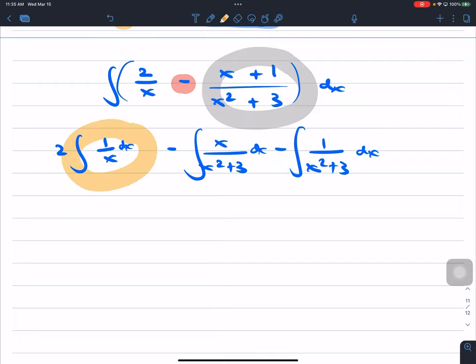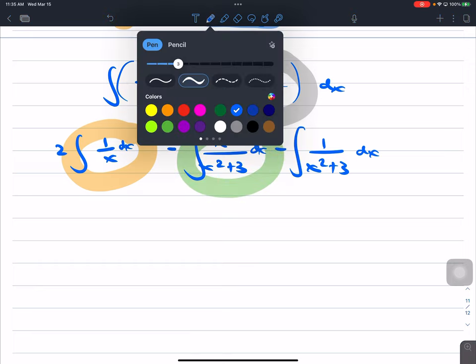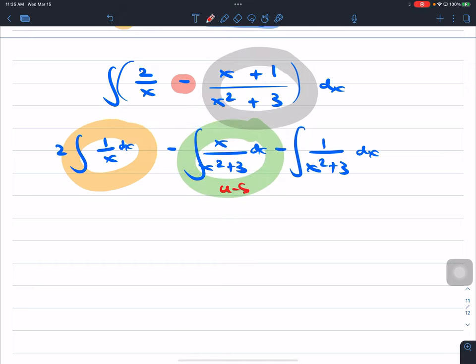That integral, this is a u sub. Do you guys recognize the last integral? I make the claim you should. What is this?